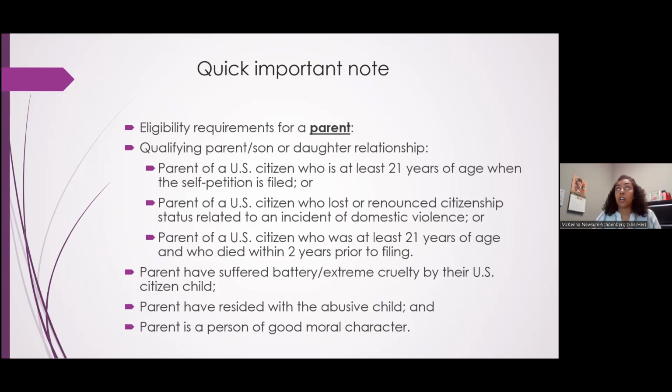If there are charges of like terrorism or weapons charges, theft, those sorts of things, gang involvement, those sorts of things get a little bit hairy. If you've had a speeding ticket in your past, it's not great, but that's probably not going to automatically make you ineligible based on good moral character.